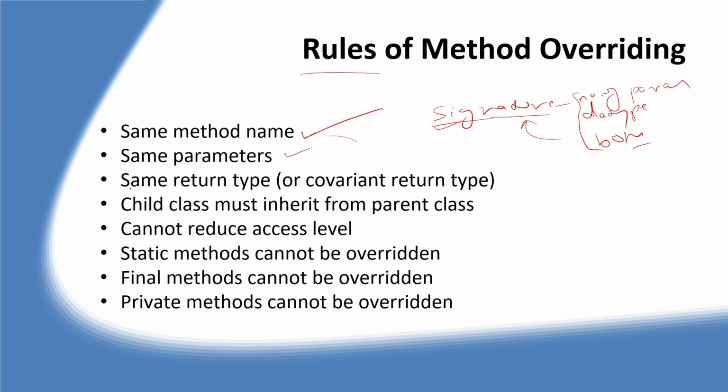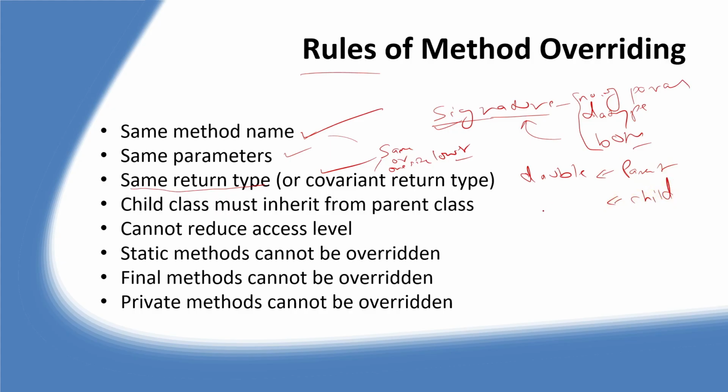Now the return type. The return type can be covariant. Covariant means it can be the same or one size lower. In the parent class, if the return type is double, then in the child class what return type can we use?